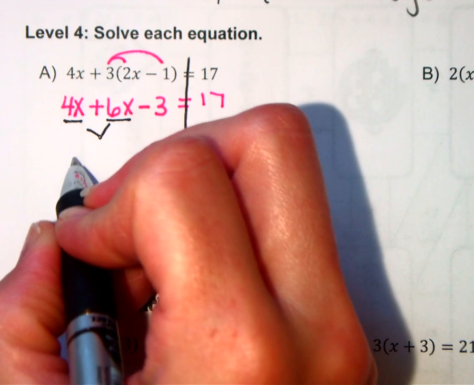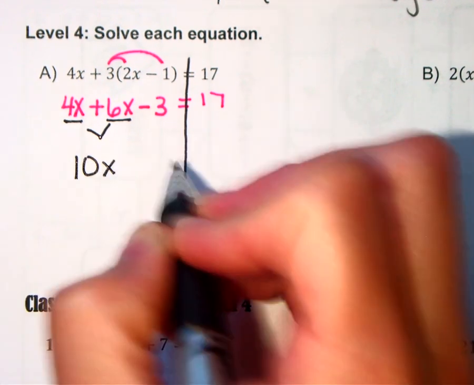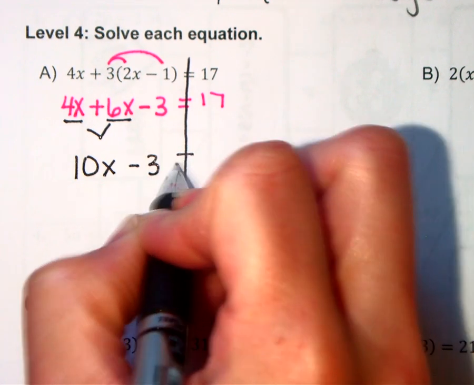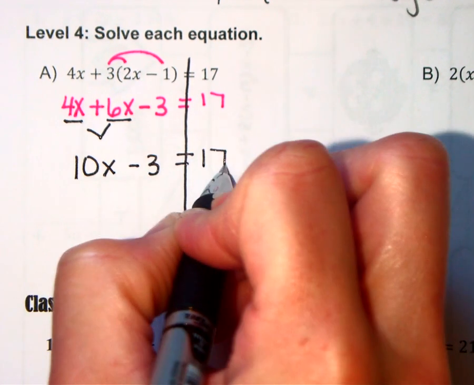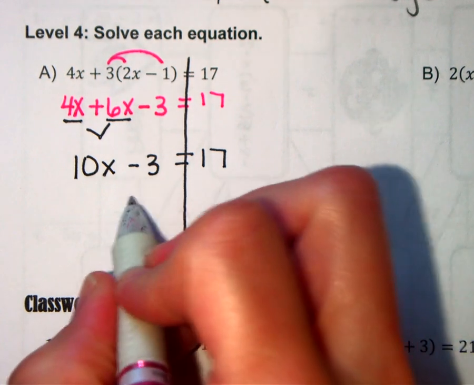So this is going to be 10x. Bring down your minus 3 equals 17. So when we've done that distributive property, when we've done that combining like terms, now we're going to add 3 to both sides.